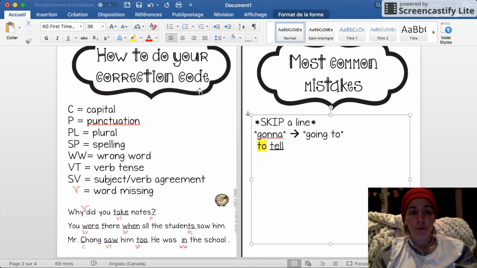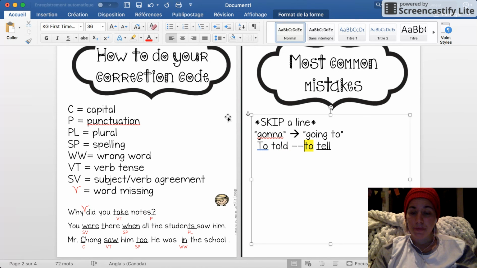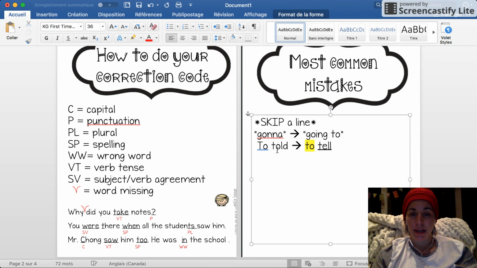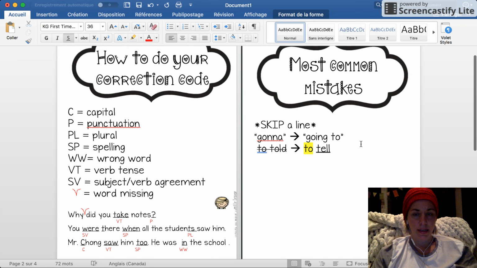So here's what most of you did and shouldn't be doing. So Simon didn't want to told. Okay. So as I said, whenever you use to, then your verb is at the infinitive. So this is what you should not do. Okay. So this is it for most common mistakes.